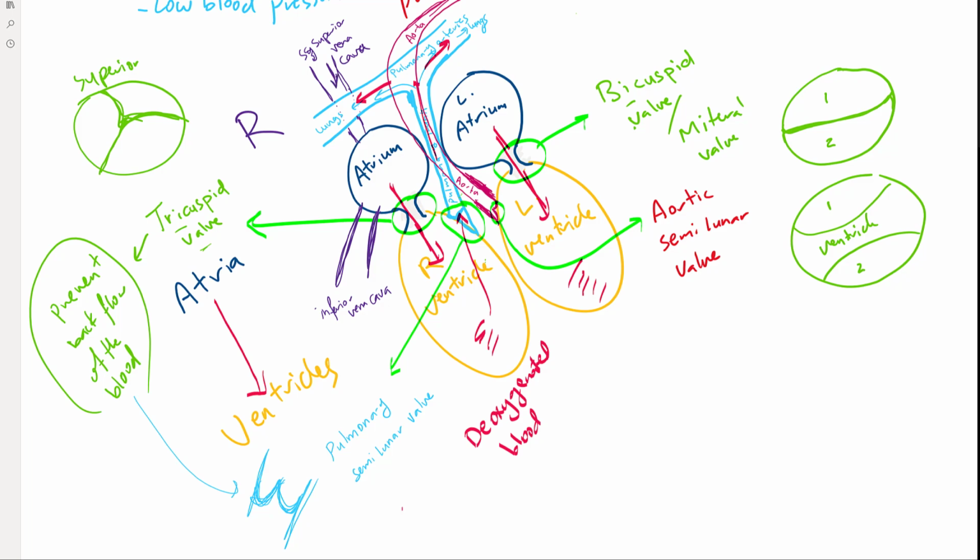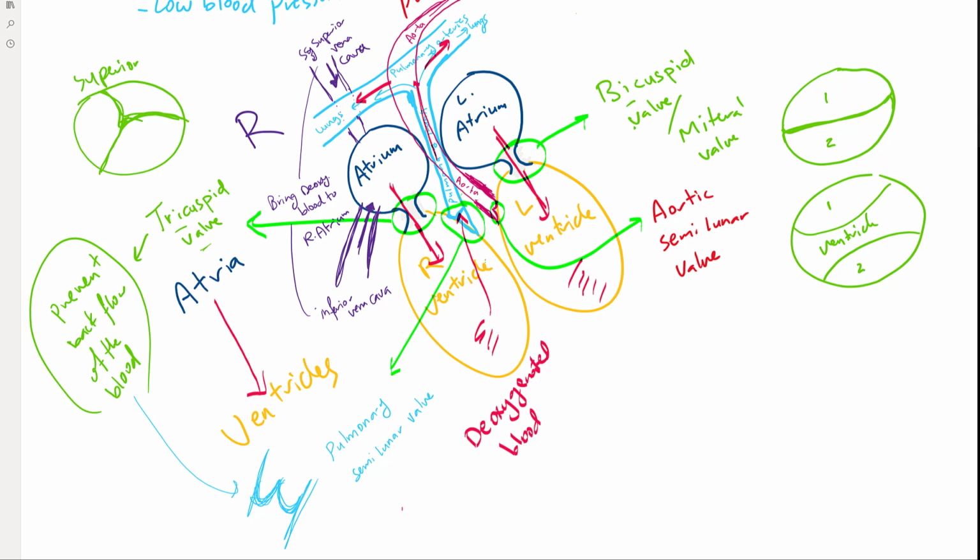Those are putting deoxygenated blood in the right atrium.